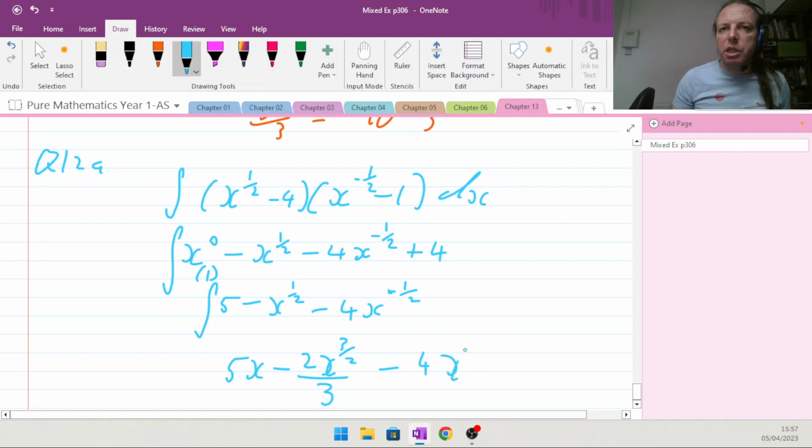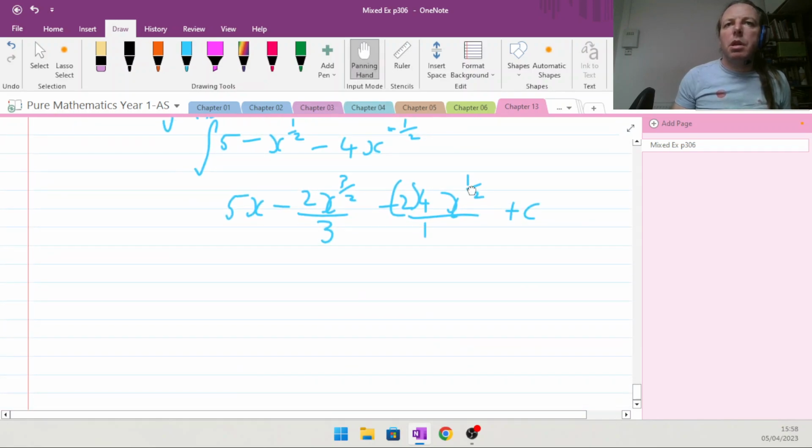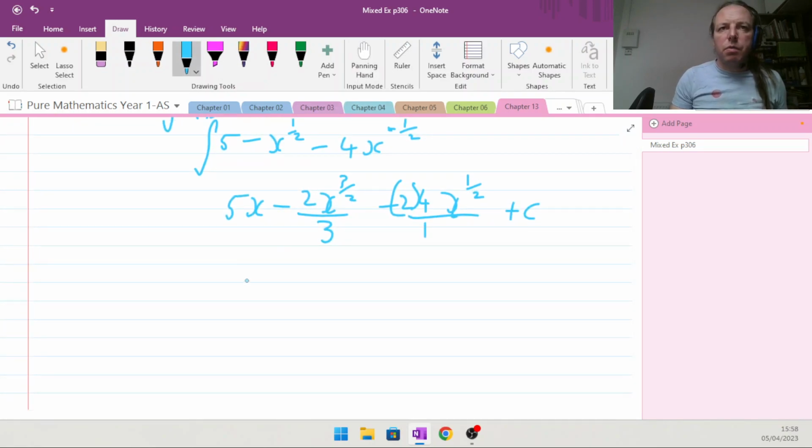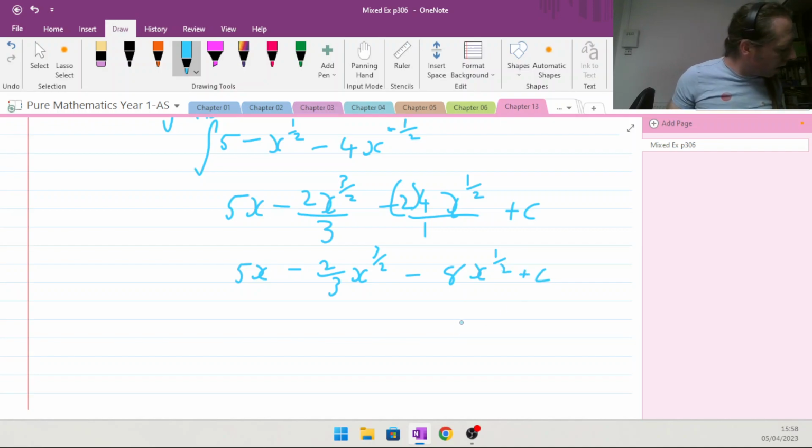Okay, so x to a positive half, and we are then multiplying by 2 over 1. So we end up with 5x minus 2 over 3 x to the 3 over 2 minus 8x to the half plus c. Okay, and that's a better answer.